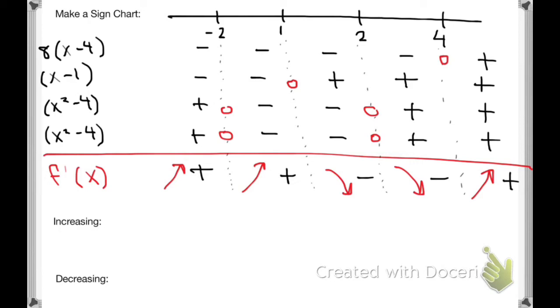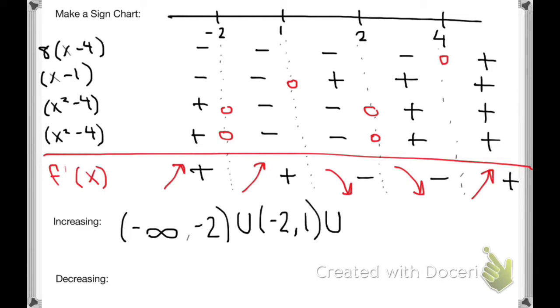So when we write these out as intervals, we're going to get an interval between negative infinity and negative 2 of increase, an interval between negative 2 and 1 of increase, and an interval between 4 and positive infinity of increase.